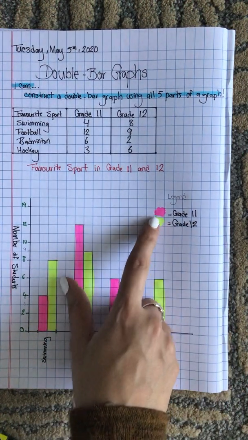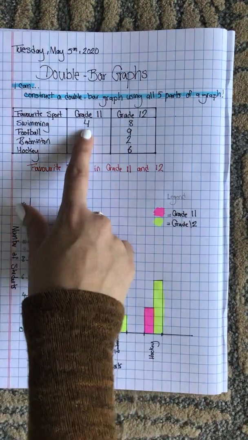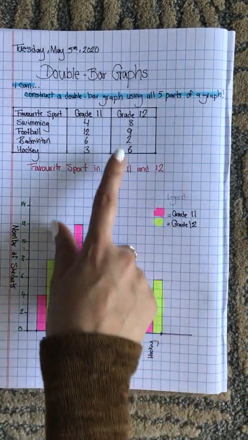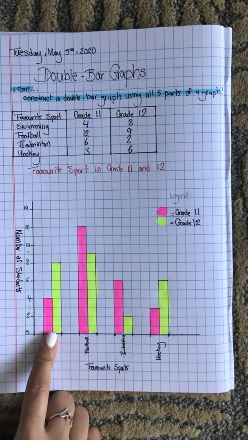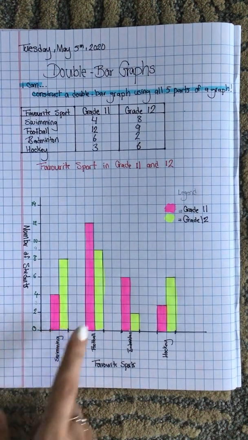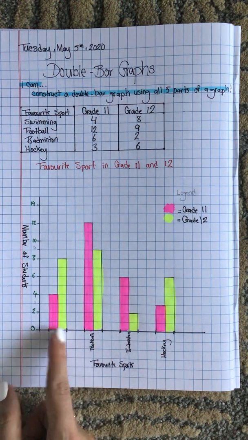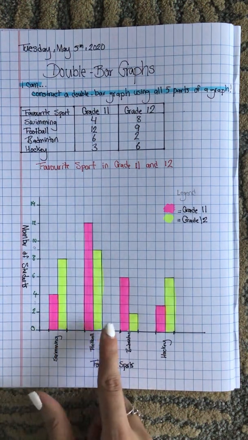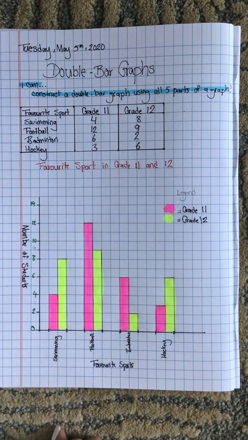I just decided on pink and yellow. So one color represents one of the grades and another color represents the other grade. And then when you're plotting the data, you need to make sure that's the information. So make sure you don't color pink when it should be yellow. And it's always going the same, 11, 12, space, 11, 12, space, 11, 12, space, 11, 12. Okay? That's how you make double bar graphs.